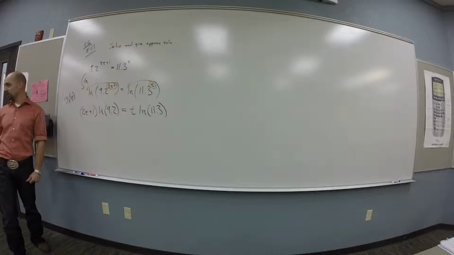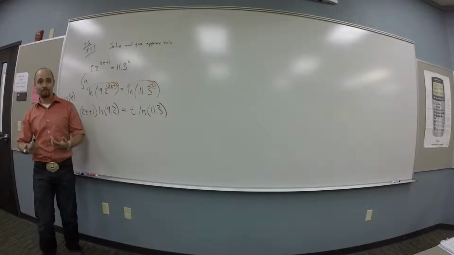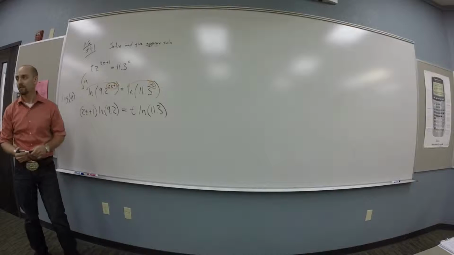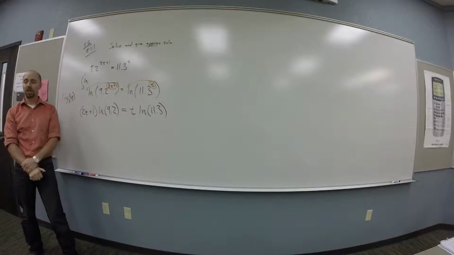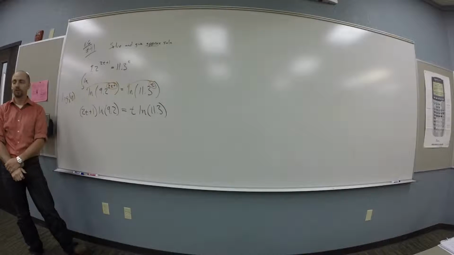If you're like me and you're too dumb to figure out how to use that button, then you take a natural log of both sides because that's an easy button to use. The reason I'm worried about that button is that they asked me to approximate this solution. If I wasn't worried about approximating, log base 9.2 or 11.3, both of those are good options.